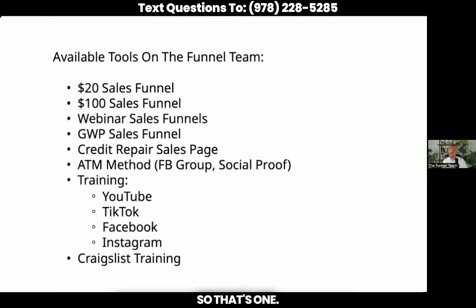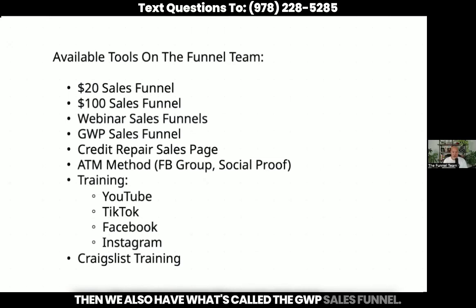Then we also have what's called the GWP sales funnel. This is for those of you who have been around the industry for quite some time, you might have heard of a front end system called Get Weekly Paychecks. This was used not only with myEcon, but also with a company called MCA. We cloned out their funnel and their sales video, and yes, we got permission to do this.